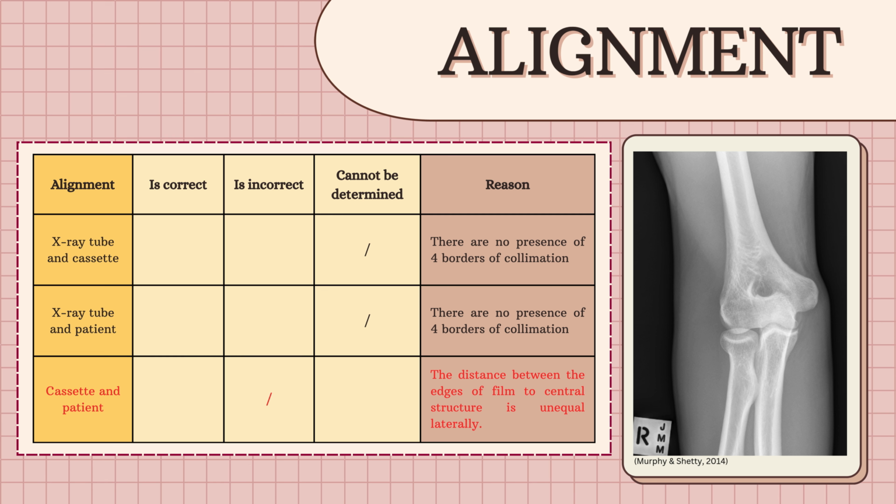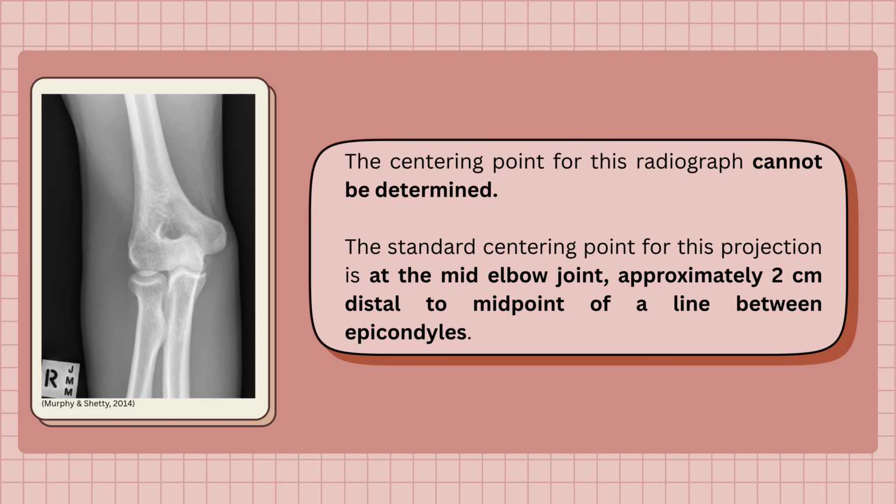Next, the alignment between cassette and patient is incorrect, because the distance between the edges of film to central structure is unequal laterally. The centering point for this radiograph cannot be determined. The standard centering point for this projection is at mid-elbow joint, approximately 2 centimeters distal to the midpoint of a line between epicondyles.